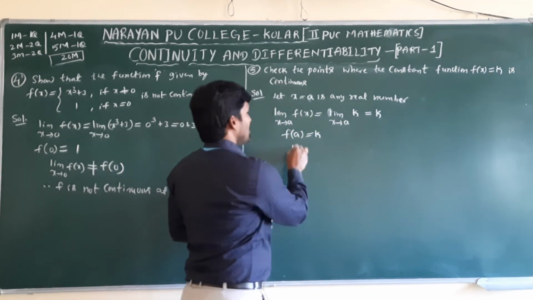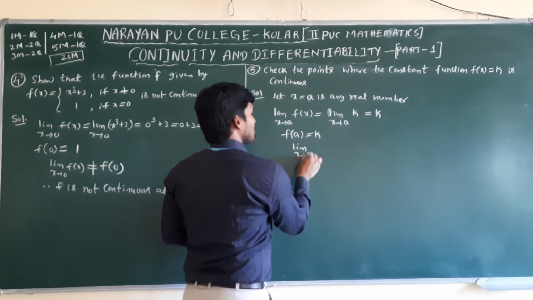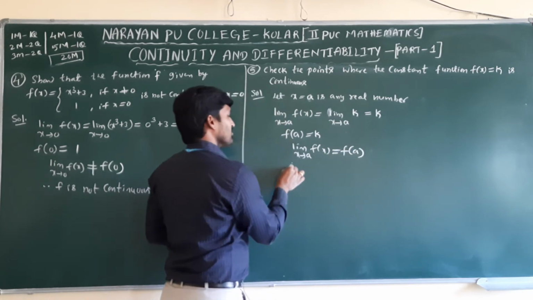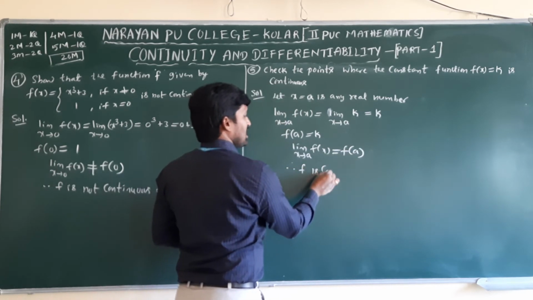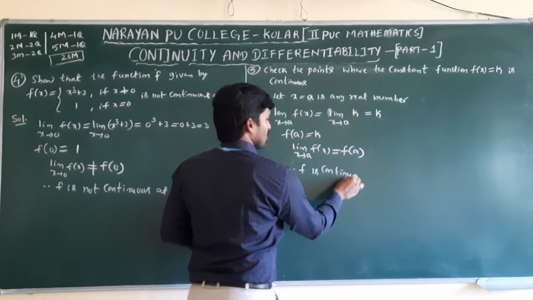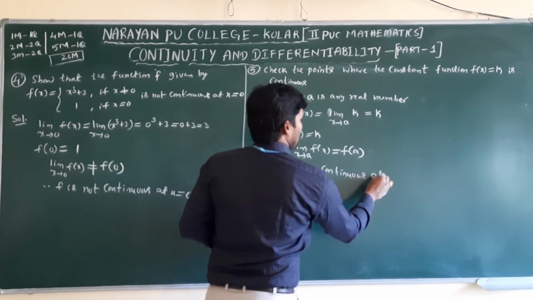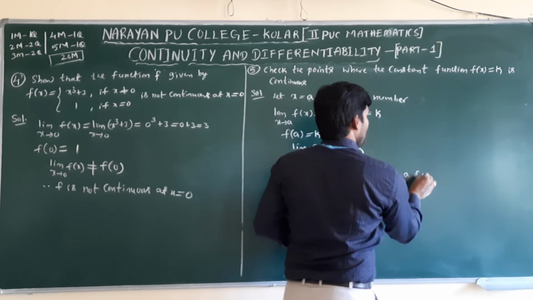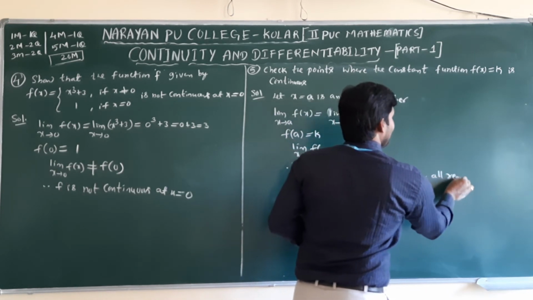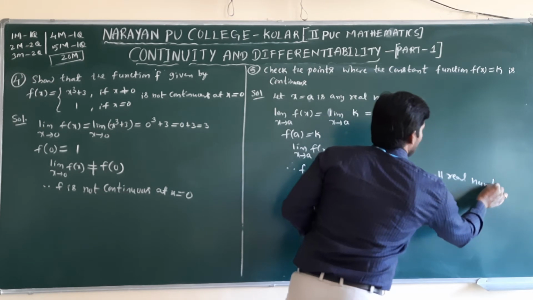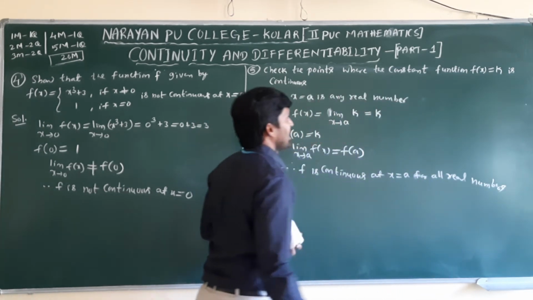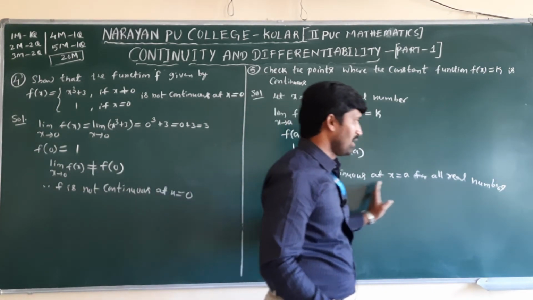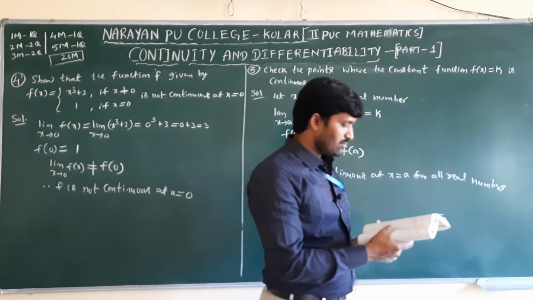K. So from this, limit x tends to a of f of x equals f of a. Therefore, we can say that f is continuous at all x equal to a for all real numbers, because we assumed a is any real number. Okay? That's why f is continuous for all real numbers.